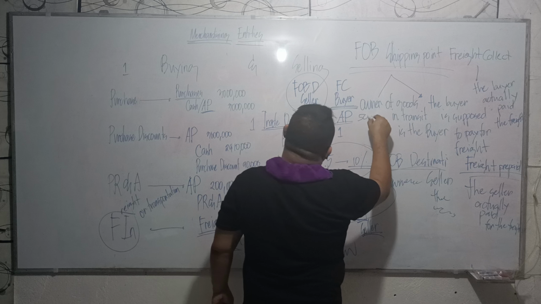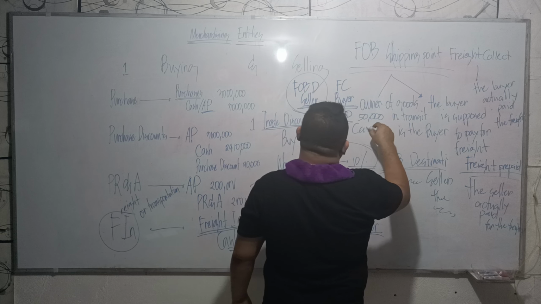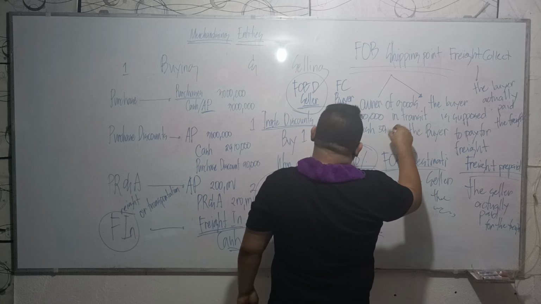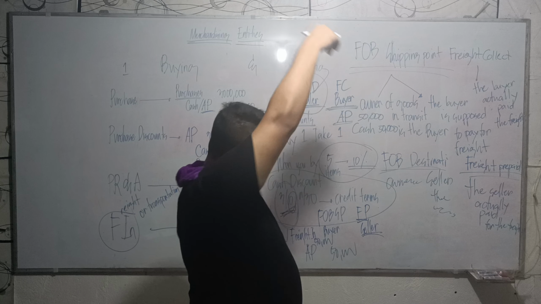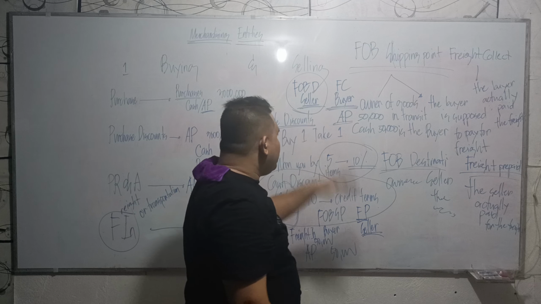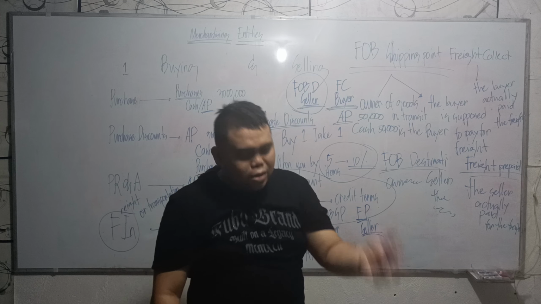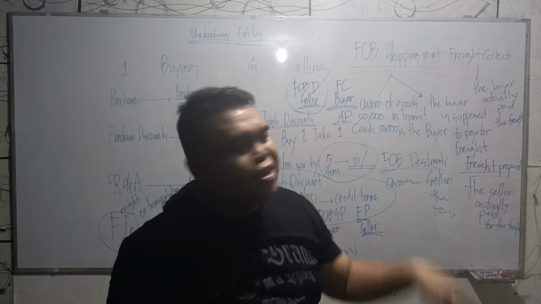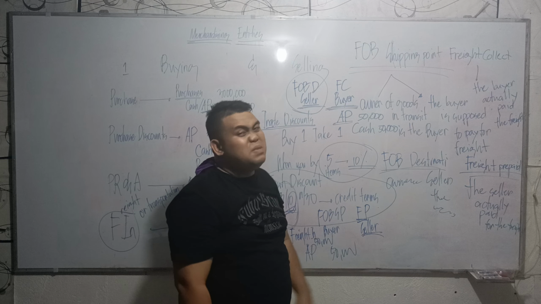For example, 50,000 will be debited. And then credit cash. Because again, it's not your obligation. It's the obligation of the seller and you have paid for it. Of course, your liability to the supplier will be lessened, but you are going to credit cash because it's freight collect. Something like that.